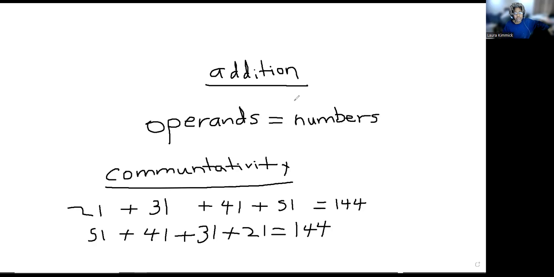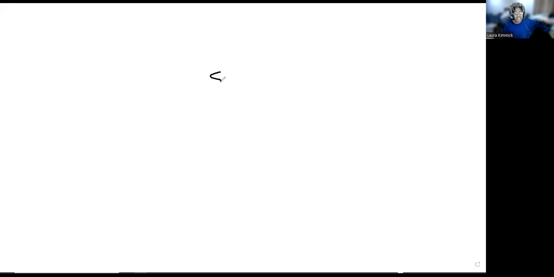Okay, now we'll move on to subtraction. I'll try not to use that eraser. It doesn't seem to go away. And here's subtraction, another math operation.